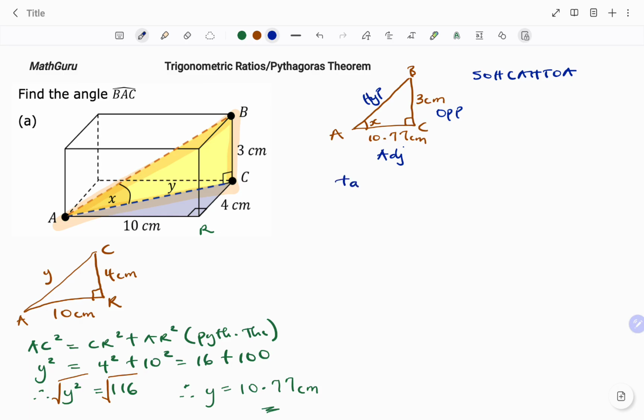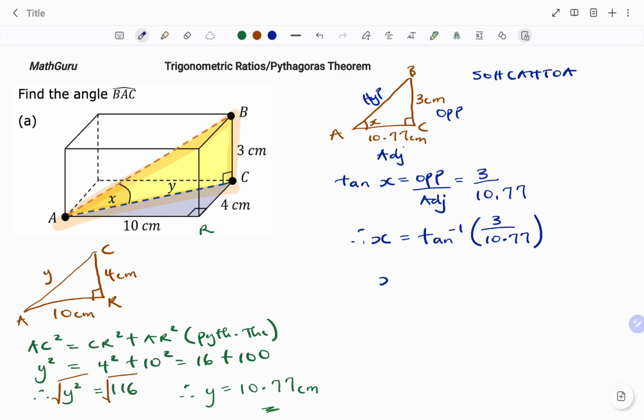So the tangent of X equals opposite over adjacent, as shown in my acronym at the top, and that is equal to, opposite is 3 centimeters over adjacent 10.77 centimeters. Therefore, in order to find my X, I'm going to move my tan to the right hand side, and once the tan crosses the equal sign, it becomes arctan of 3 over 10.77.